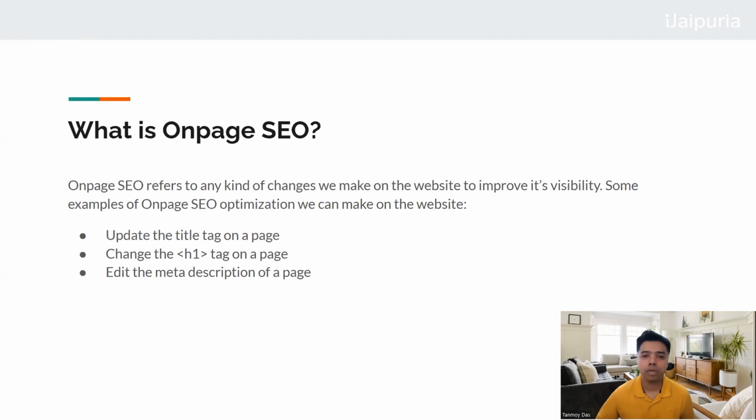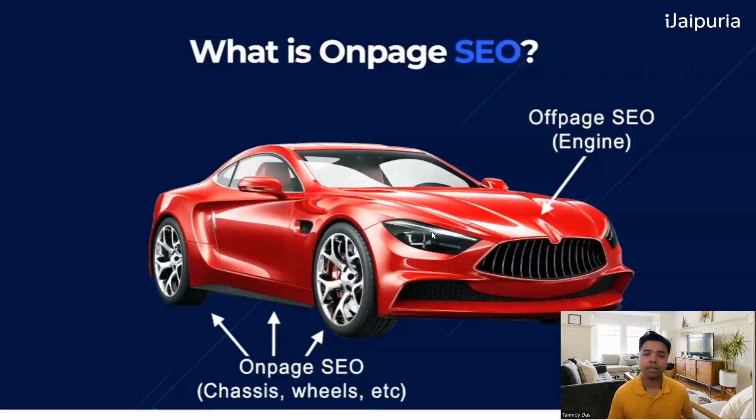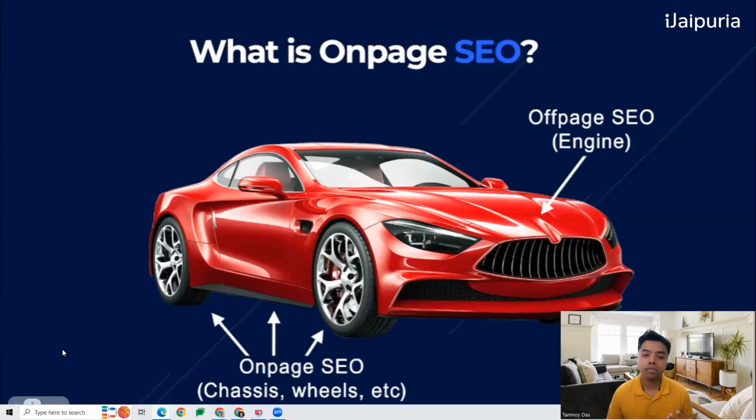Another way of looking at it is, if you look at a car, on-page SEO would be the parts of the car which are internal, which can be the chassis, you can say the wheels. These are all going to be on-page SEO, which is the internal parts of the car.